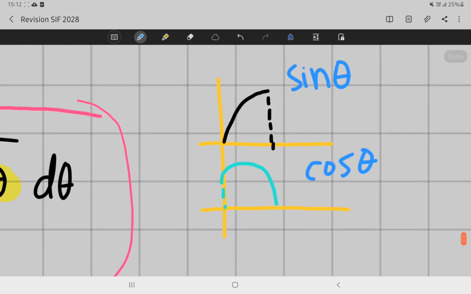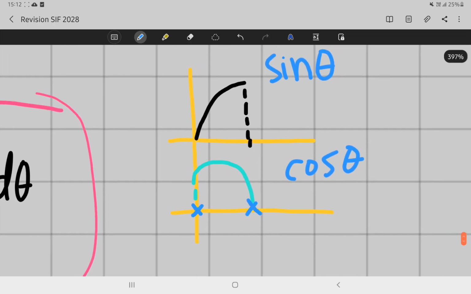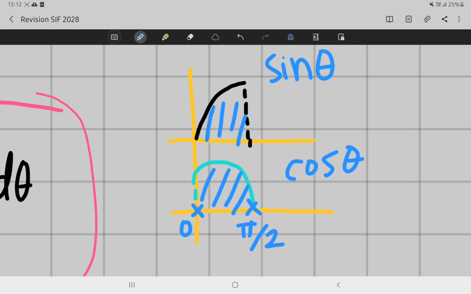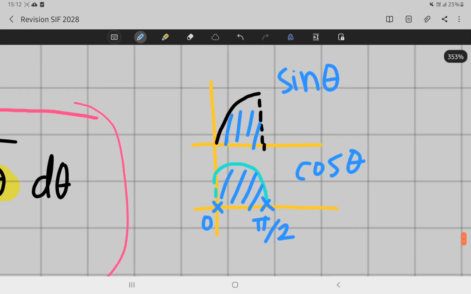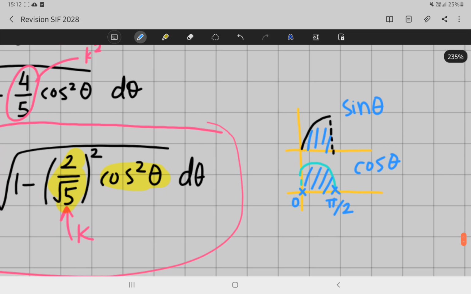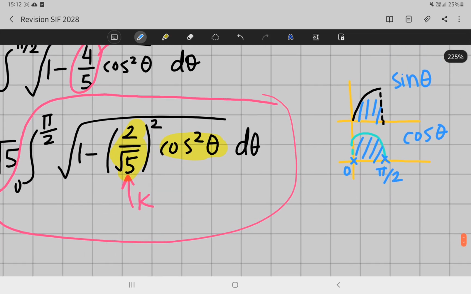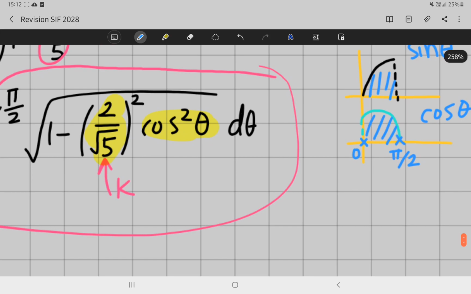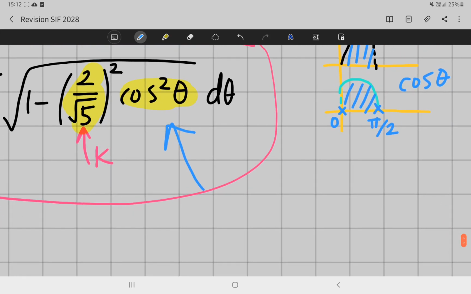Within the limit 0 to pi over 2, they're similar, just a reflection. Additionally, the range of values of cosine square theta is from 0 to 1, and the same goes for sine square theta.